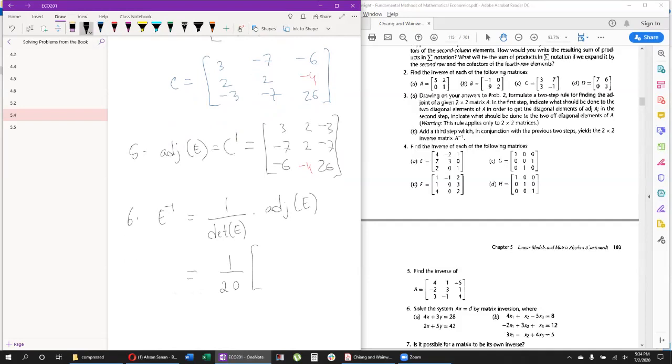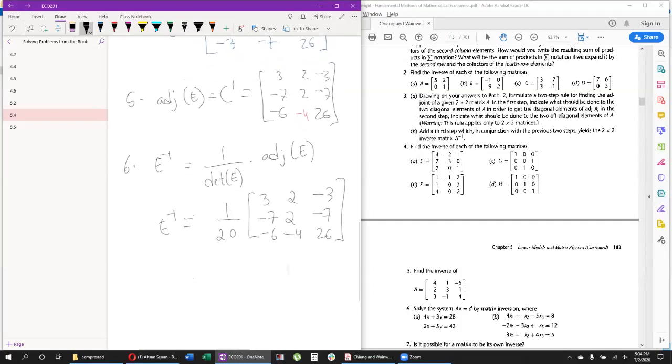And the adjoint we just calculated is 3, 2, minus 3, minus 7, 2, minus 7, minus 6, minus 4, 26. And in an exam, this is it. This is the end of what you have to do. The problem is done.